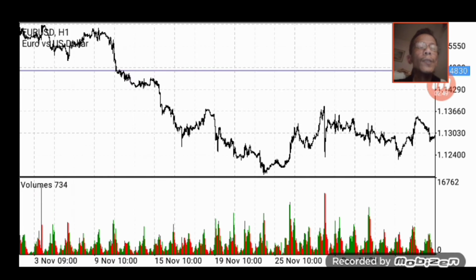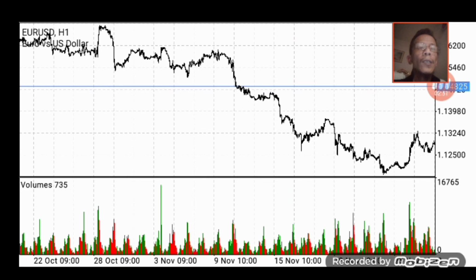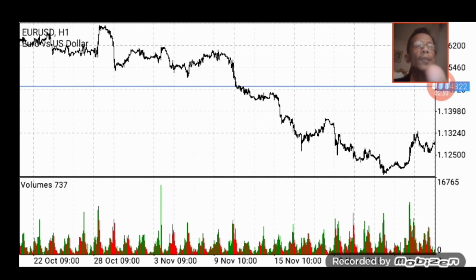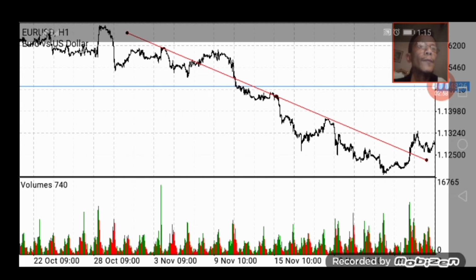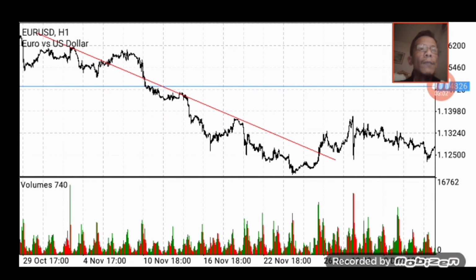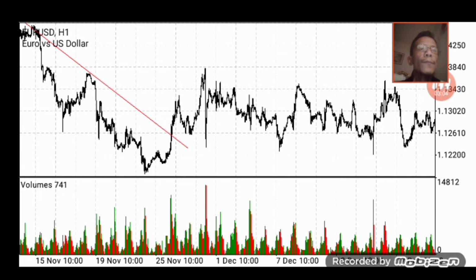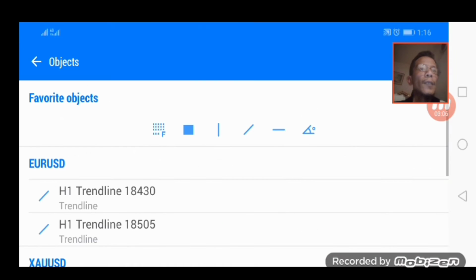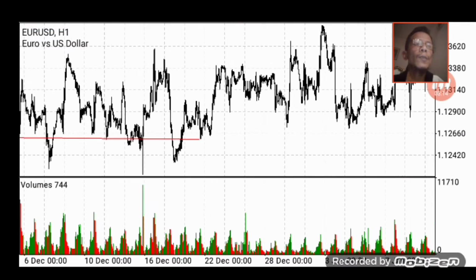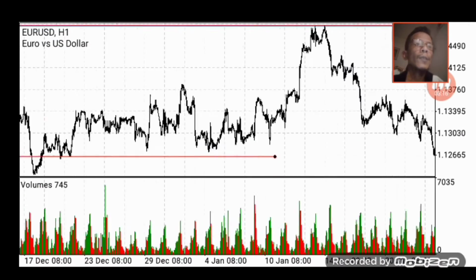So for example, this one you can see, if I move forward to the back, right? So you can see it's a downtrend, and there is a resistance here, right? It's easy to determine, right? So that's a resistance.